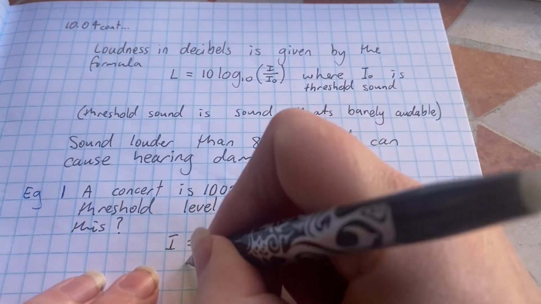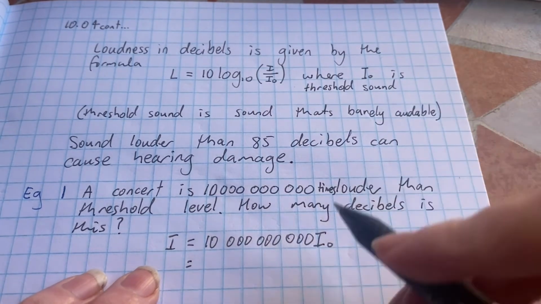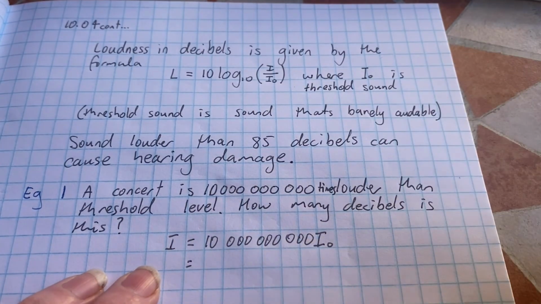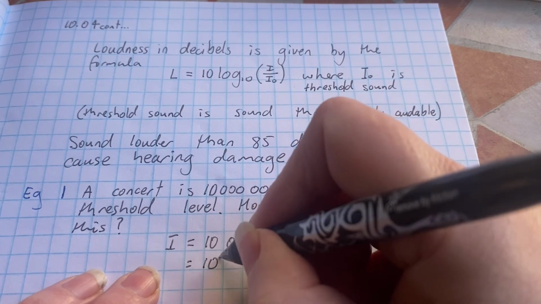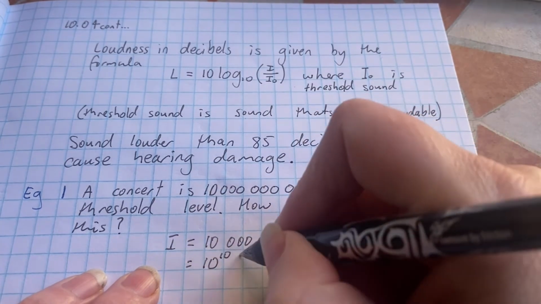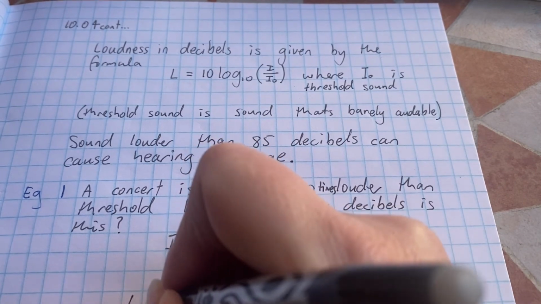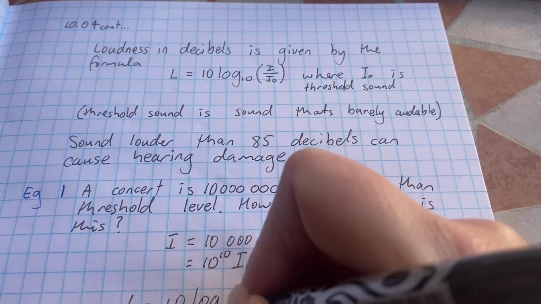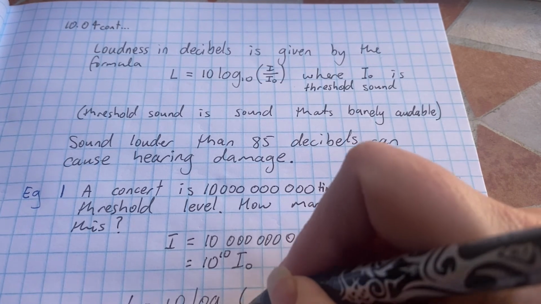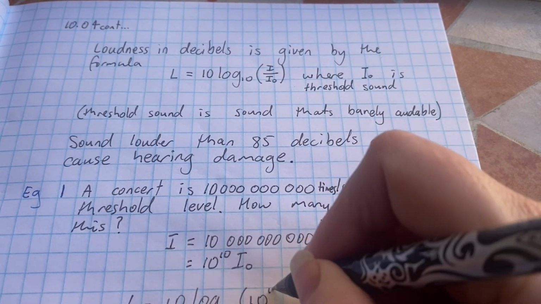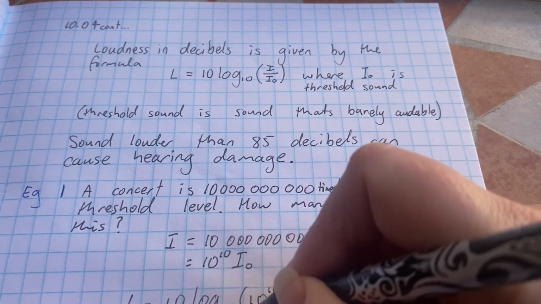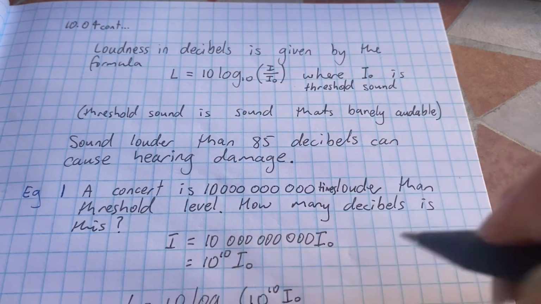Now, I much prefer to write that in index form if I can. We have 10 zeros there, so that's the same as 10 to the power of 10 times I0. So if we put that into the formula, L equals 10 log base 10 of 10 to the power of 10 I0 over I0.